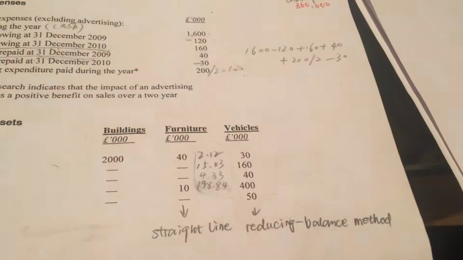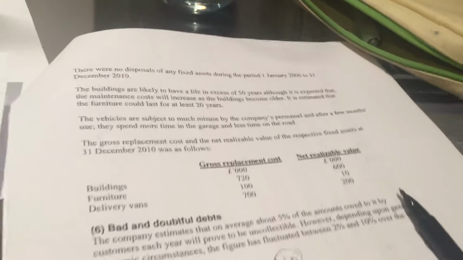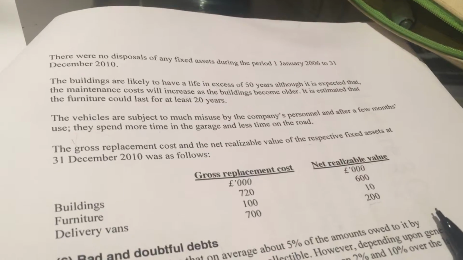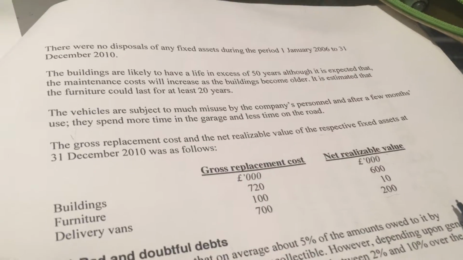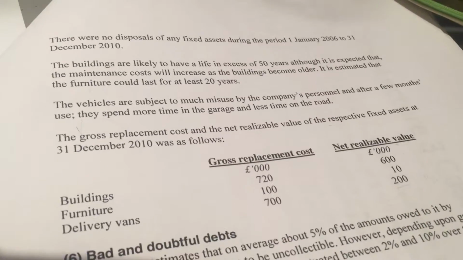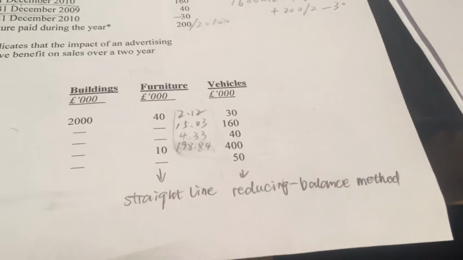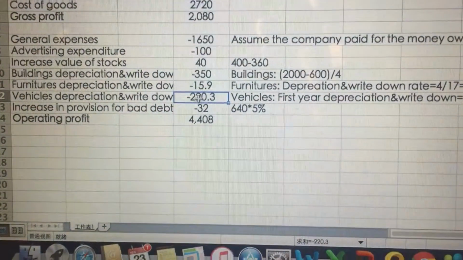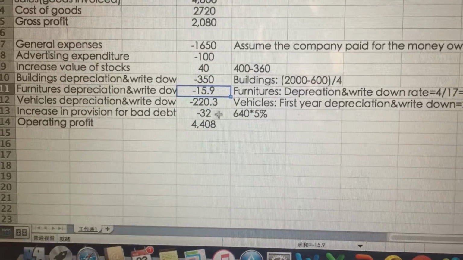And for the furniture, because this case doesn't mention any more details for the furniture, we think that we simply use the straight line method. And we also, after calculation, got the figure of minus 15.9 here.